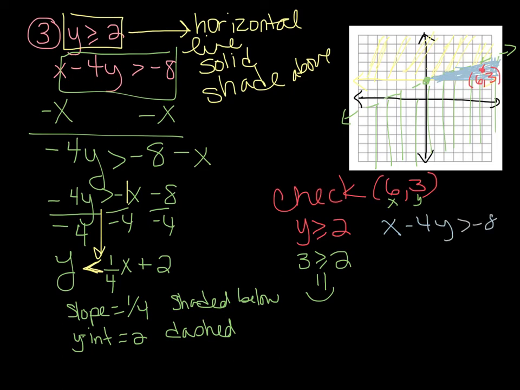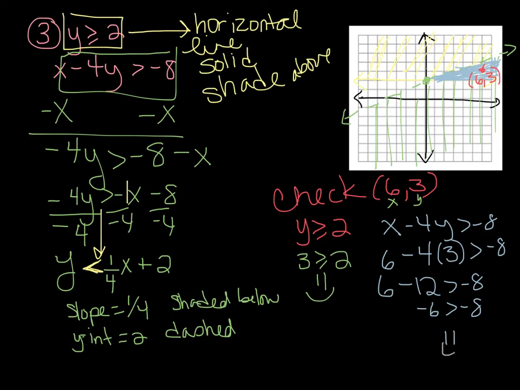This one's a little more complicated, but not impossibly so. So I get 6 minus 4 times 3 is greater than negative 8. That gives me 6 minus 12 is greater than negative 8, or negative 6 is greater than negative 8. So now we're working with negatives, and negative 6 is bigger than negative 8. So that one is also true. So I know that my shading is probably pretty good.